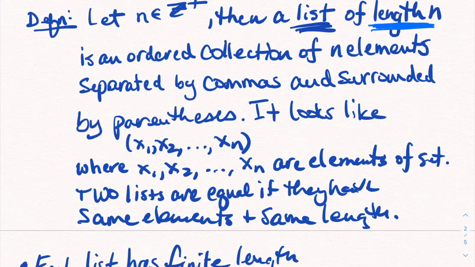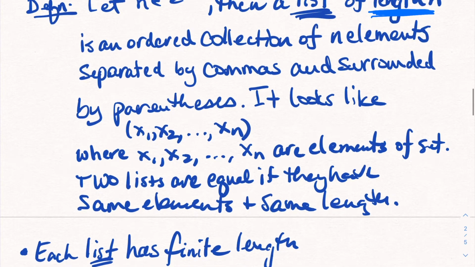It's going to be an ordered collection of elements of some set, okay? And those elements are going to be separated by commas, and it looks like this. So each x1, x2 through xn, that's just our label for all of our different elements of our set that we're going to be working with. And we have separated those by commas, and then we've put parentheses around them. This is what we are going to refer to as a list.